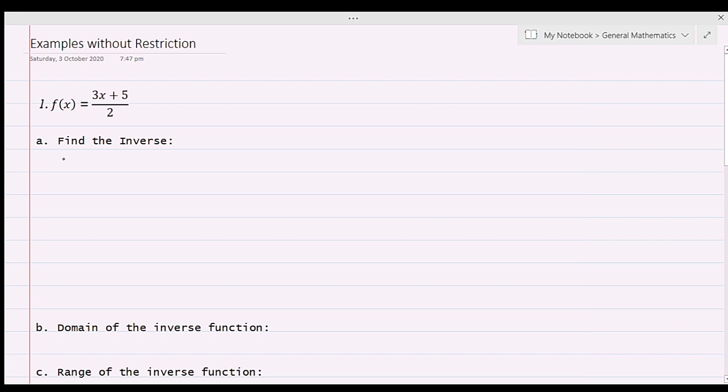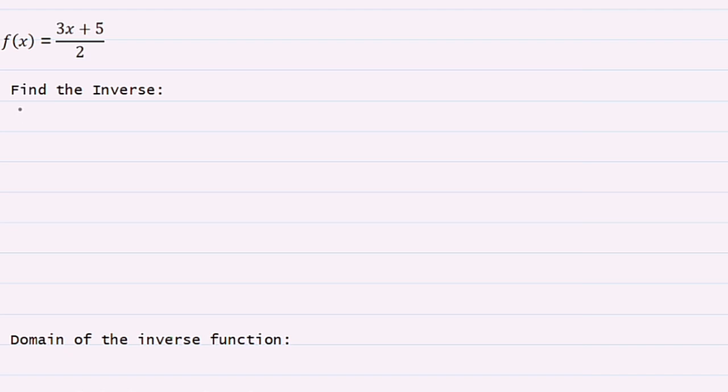The first step is to change f of x into y. So we have y is equal to 3x plus 5 all over 2. And then interchange x and y. After that, we need to cross multiply, so that the denominator will be removed. We cross multiply x and 2.